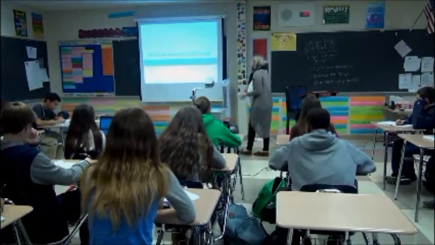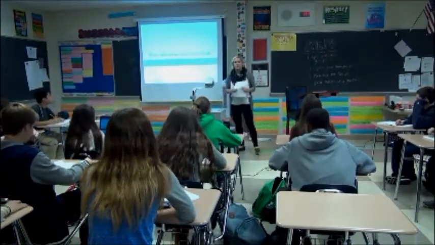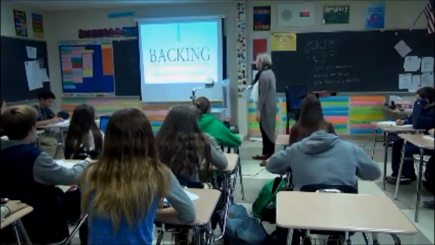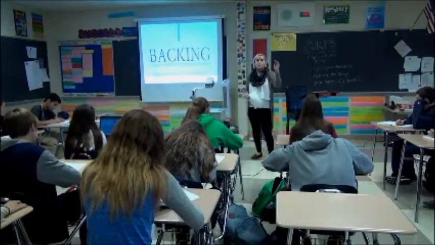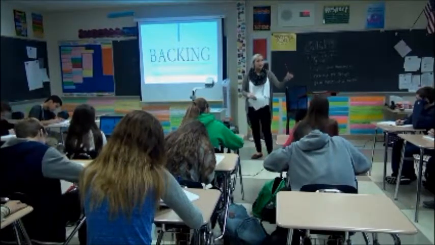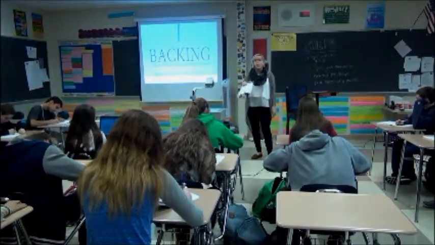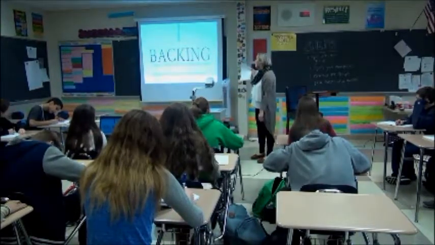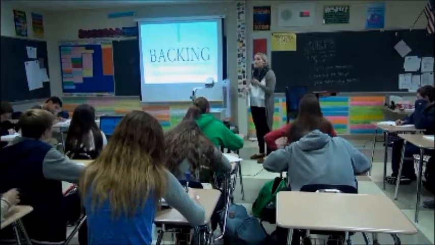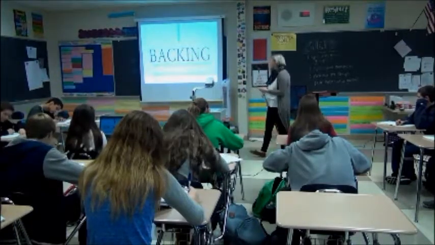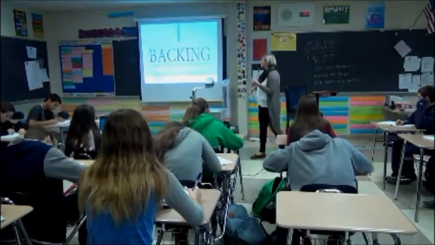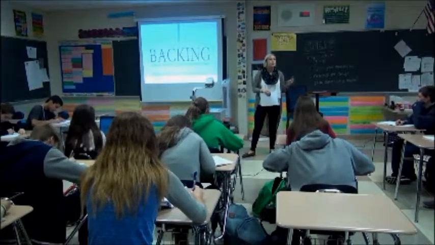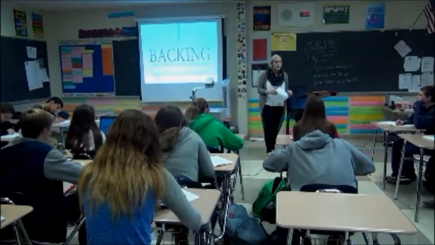So what makes warrants universally accepted? Backing. So you have your piece of evidence, your data, and then you have your warrant, which explains why your data connects to your claim. And then the backing supports, justifies, and gives reasoning to support the warrants. We'll go through this more in depth in the activity we have next.